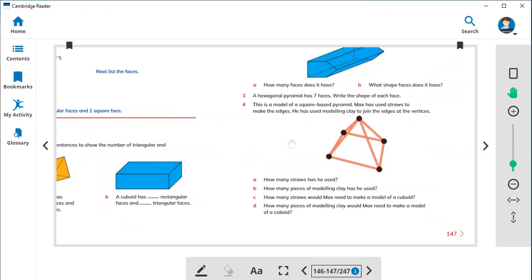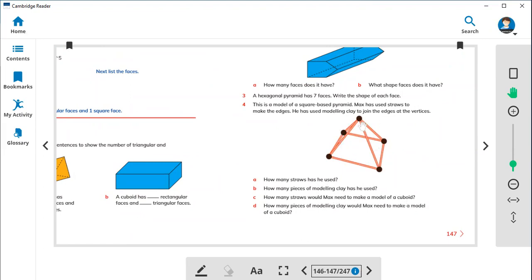Now question number four. He said, how many straws are we using to make this type of square-based pyramid? So obviously we have to count 1, 2, 3, 4, 5, 6, 7, 8. So 8 is here. How many pieces of modeling clay are we using? 1, 2, 3, 4, and 5. And how many straws would be the maximum to make a cuboid?